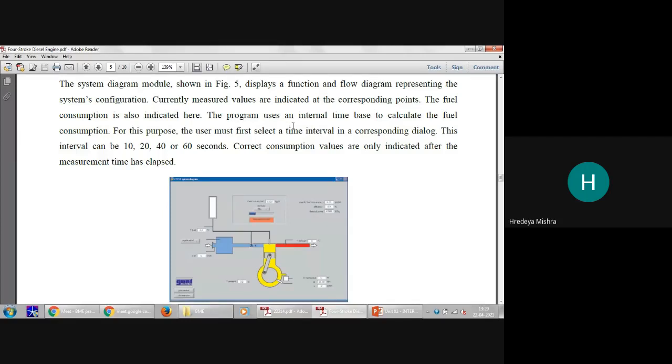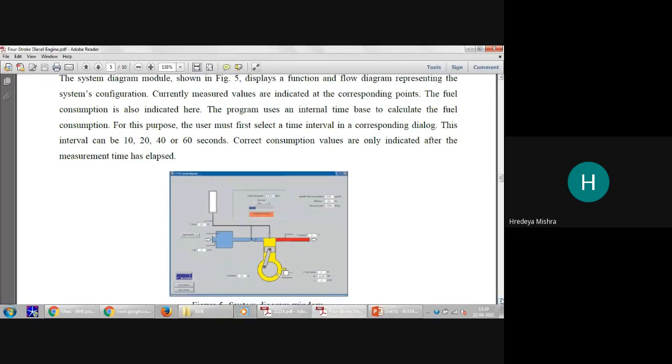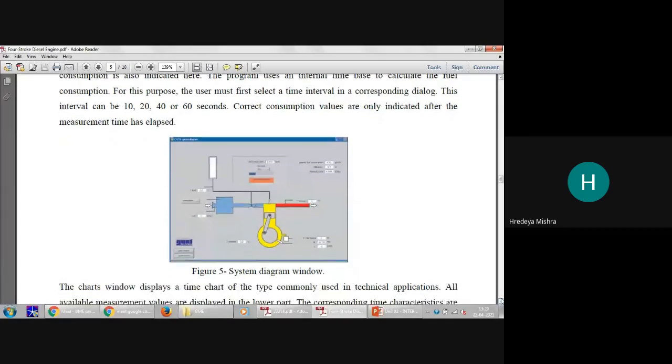The program uses an internal time base to calculate the fuel consumption. For this purpose, the user must first select a time interval in a corresponding dialog. This interval can be 10, 20, 40 or 60 seconds. Correct consumption values are only indicated after the measured time has elapsed.